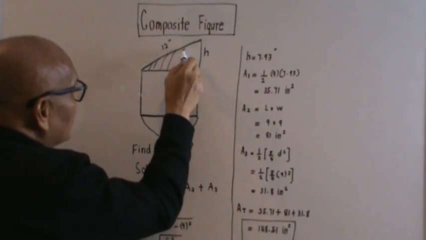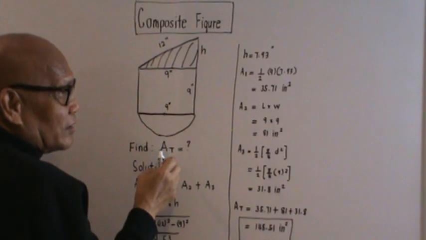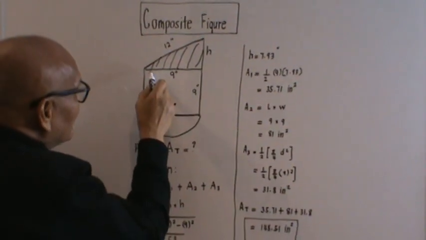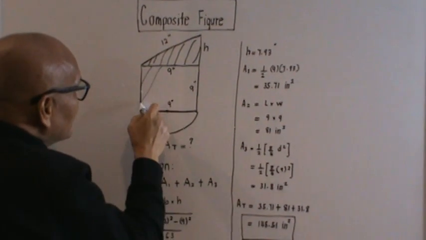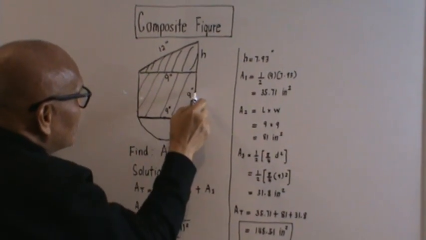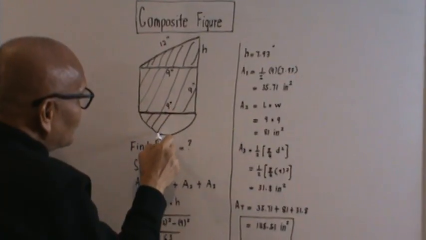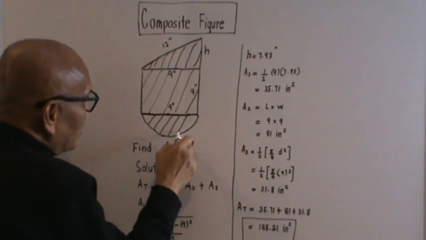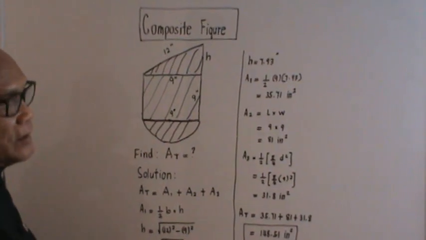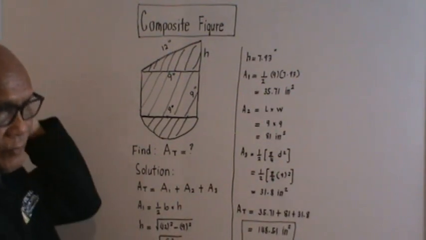That's the first area. The second area is this one here, and the third area will be the bottom portion, which is a semicircle. The problem is just asking for the total area.